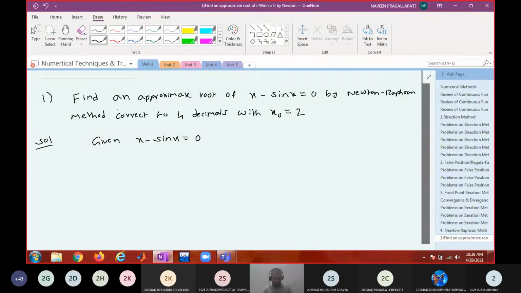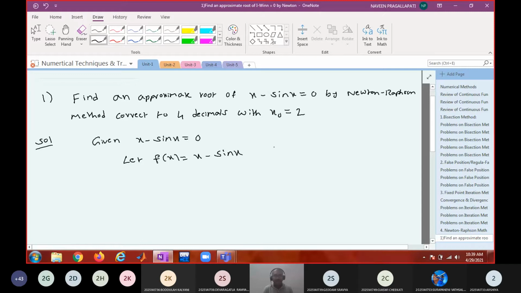For that, press shift mode, select number 6, fix the number of decimals to 5, and also clear your memory. If you have any value stored previously in a variable, clear all your memory. Consider this in the form f of x equal to 0, so f of x equal to x minus sin x.